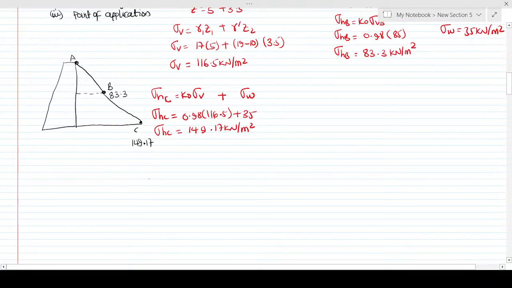Now I can turn this side down. I see that here is equal to 83.3. It means that from here to here, I'll subtract the 83.3 from 149, so that's going to be 65.87, right? So this is my variation of the forces.